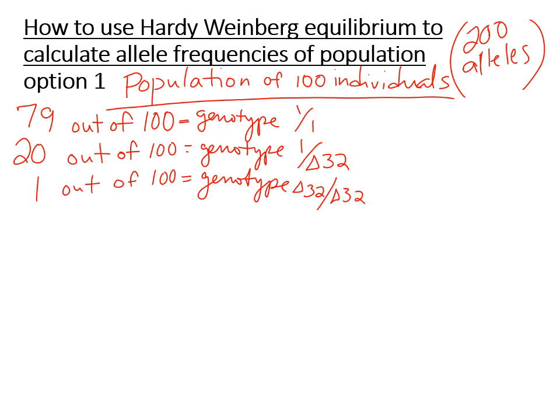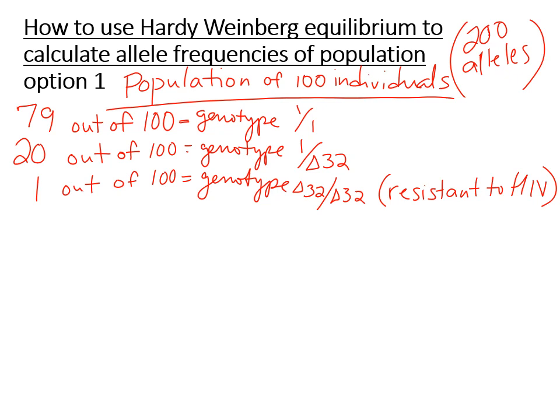Now this is a very important genotype in the world, because this genotype, delta 32, meaning you have 2 of the recessive alleles, since before we were looking at capital A and lowercase a. So 2 of the lowercase allele, delta 32, people with this are resistant to HIV, because it basically causes a mutation in the receptor of your cells that HIV usually binds to and recognizes and uses as an entry, a door of entry into your cells.